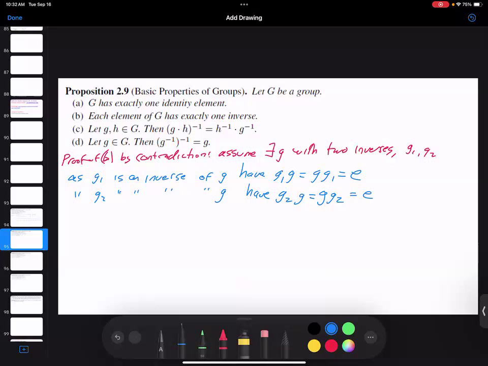And what does the second line need? What could I try to put to make them have something that's the same? Right now, the first line only involves G1 and G. The second line only involves G2 and G. What could I try to put in the first line and what could I try to put in the second line to get them to be the same? G2 and G1. Yeah, put G2 and G1.